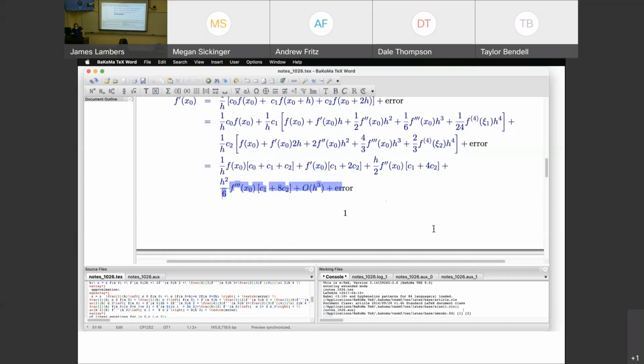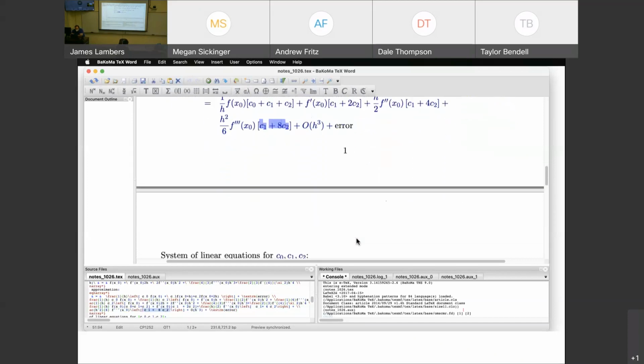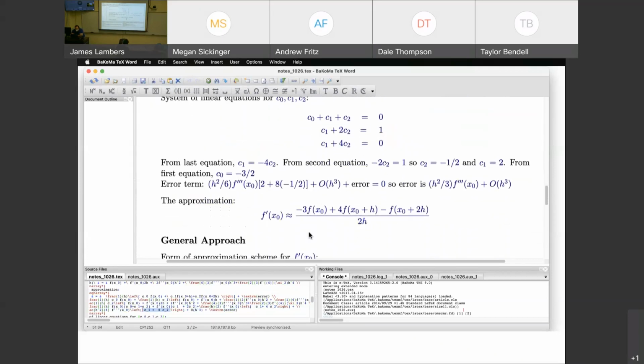All of this, therefore, has to be 0. Now, I have values for C1 and C2 now, so I can substitute those in here. So I go ahead and do that, and what I get is minus h squared over 3 f triple prime.